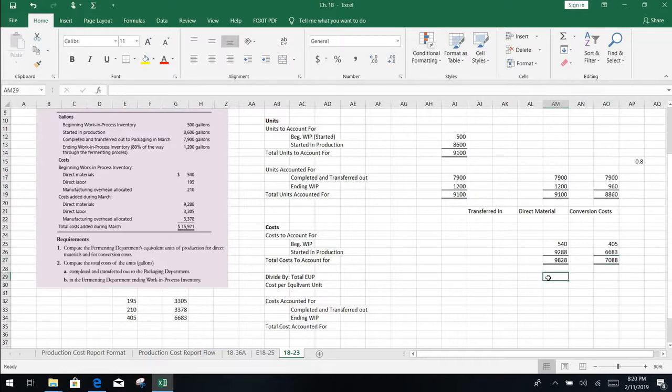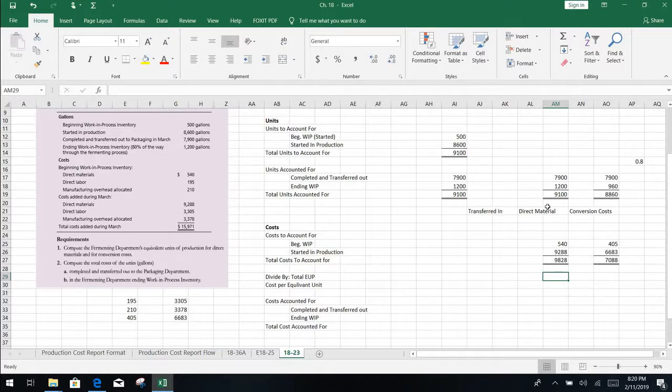So let's just go ahead and put in the value divided by total EUP. Well, total EUP is right here. Always stay in your lane. Always stay exactly where you're dividing. Don't cross over into either one of these. I mean, I guess you probably could cross over there, but later on we're going to start over here and you're going to have to divide by that.